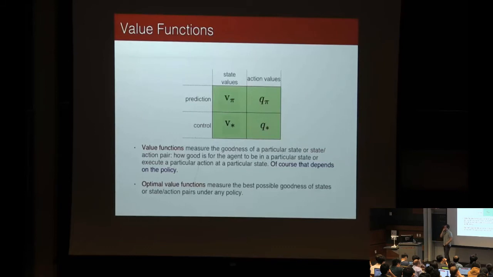Here's an example. Imagine you have a robot and you're standing in a particular state. Imagine I'm standing on the edge of the cliff. If I turn left, I fall off the cliff, right? If I move right, then I'm okay. What do you think the value of the state would be? Is it a good value? Do you think that it's a bad value?